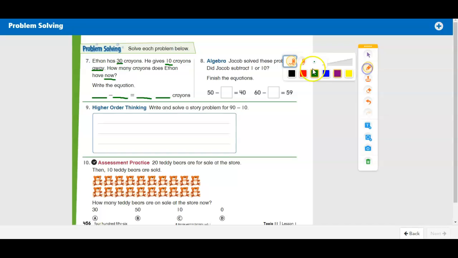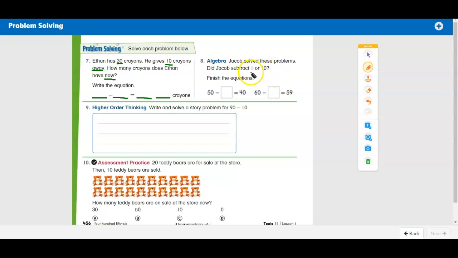For problem number 8, it says Jacob solved these problems. Did Jacob subtract 1 or 10? Finish the equations. The first equation says 50 minus blank equals 40. The next equation says 60 minus blank equals 59.